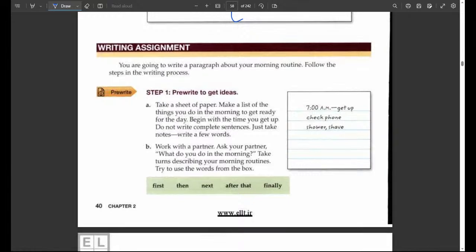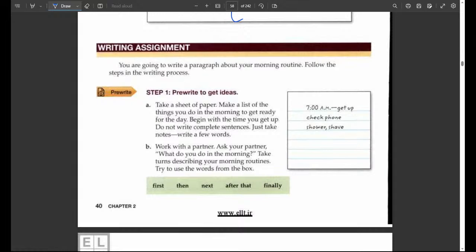Writing assignment. Step 1, pre-write and get an idea. So what you do, supposedly 7 a.m., get up, check phone, take a shower, have a shave, or anything you do, take breakfast, get ready, comb your hair, go to the bus stop, wait for the bus to come, you get on the bus, get to the university, go to your class, finish your class, which class takes this much time.